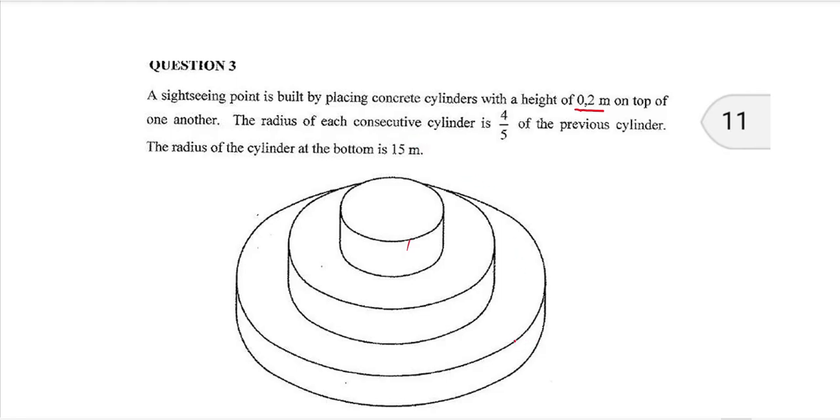Since the radius of this cylinder here is 15, let me indicate that. I'll say r is 15. It means the r of the next cylinder will be 15 multiplied by 4 over 5, which will give us 12.